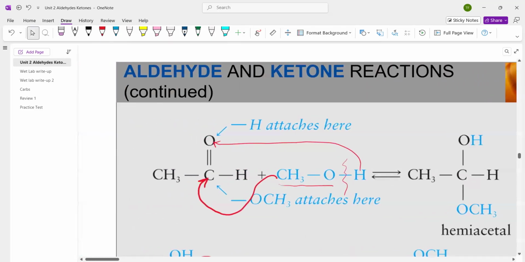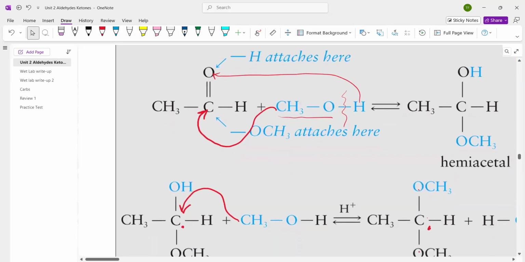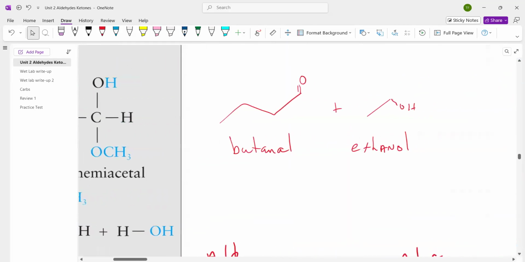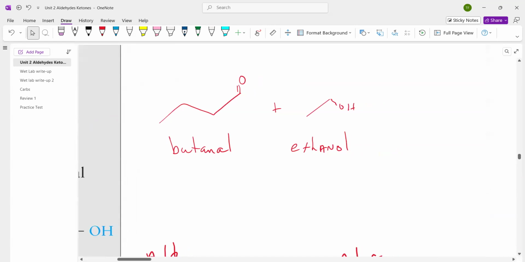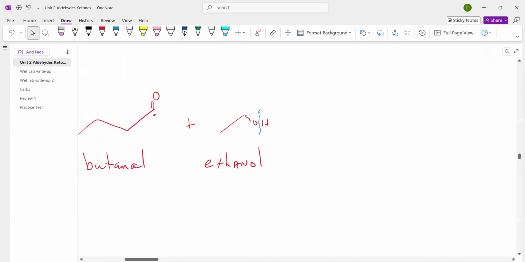So, all right, so this is going to be the anomeric carbon. So what happens now is this splits right here. And then this is going to go here.